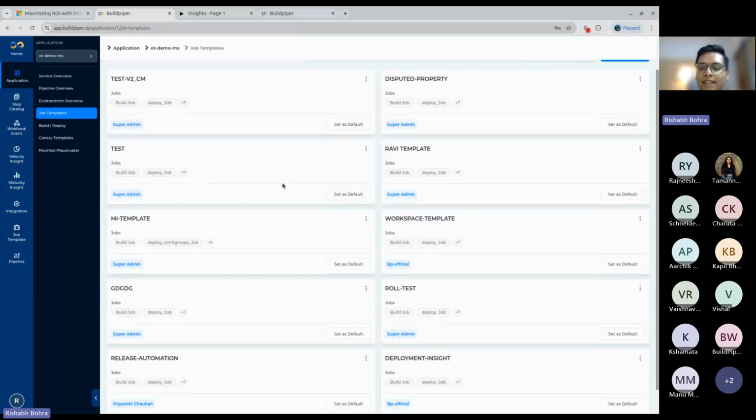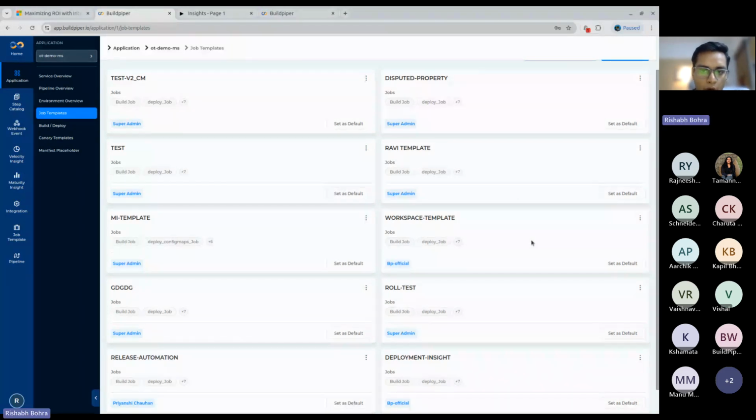Essentially, we can create these job templates for different language stacks, different requirements, different workflows, be it deployment on Kubernetes, deployment on a VM, or deploying a serverless application in whichever environment or hyperscaler it is.